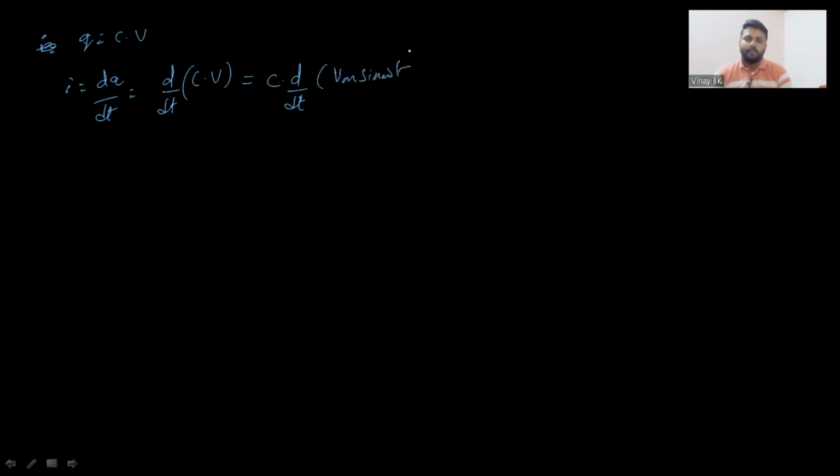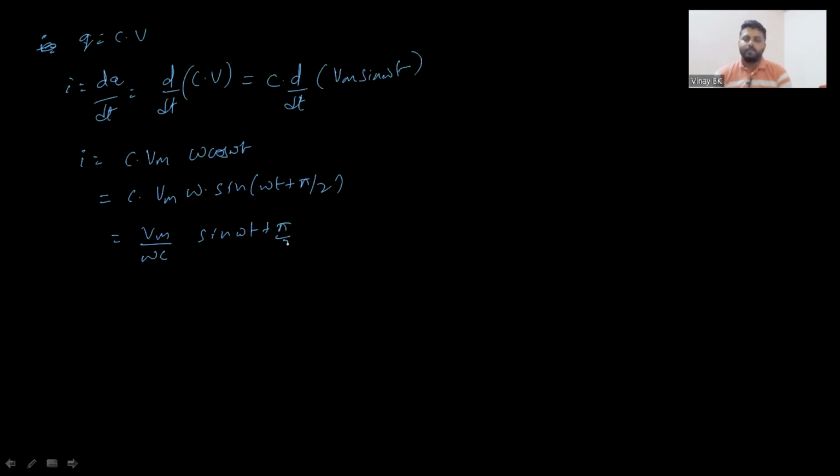So I equals C into Vm omega cos omega t, and you rewrite cos omega t with the help of sine: omega into sine omega t plus pi by 2, so I equals Vm divided by 1 by omega C into sine omega t plus pi by 2.